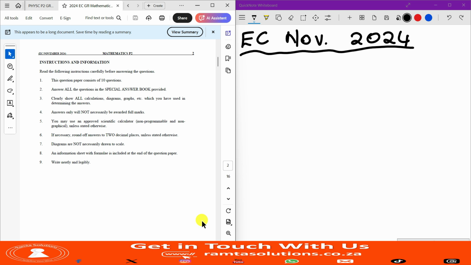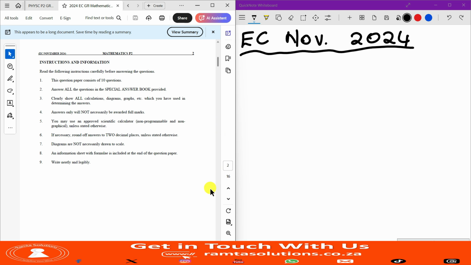That's very key, but we're not going to use it for Euclidean geometry. Instruction 9, very important. Because this is an exam prep, it's important that you practice not only the formulas and how to answer questions, but also practice neat handwriting. Write neatly and legibly.